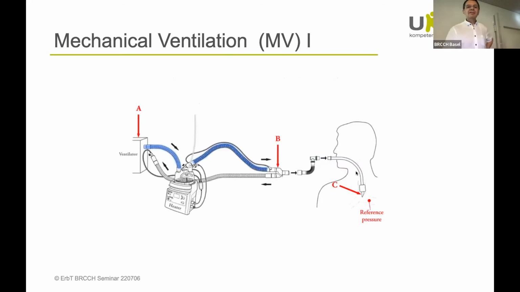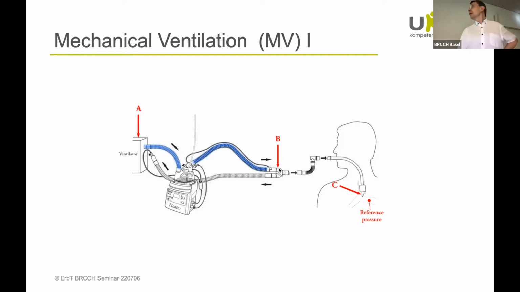Now, as you can see here, mechanical ventilation is usually provided by a ventilator. Then we have a tubing connection. The Y piece is connected to the endotracheal tube. Usually we measure the pressures at the ventilator, and some devices use the Y piece.